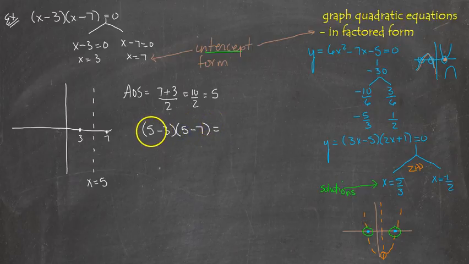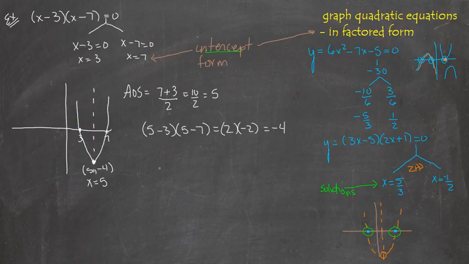Well, what does that equal? 5 take away 3 is 2 times 5 take away 7 is -2. So 2 times -2 equals -4. So I know now that the vertex is the point (5, -4), and I know that my parabola faces upward, and so I can sketch it in. And I have everything I need to graph this parabola.